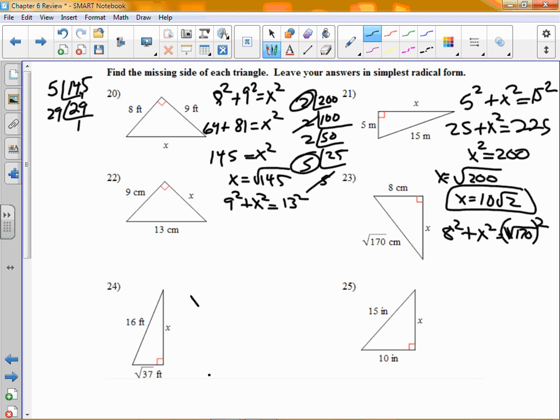Regardless of what it is, you can start a Pythagorean theorem problem out the same way every time. You always let the hypotenuse, the side opposite the right angle, be over there by itself. The other two sides, the 10 and the x, are called the legs. And you can either write x squared plus 10 squared or 10 squared plus x squared.